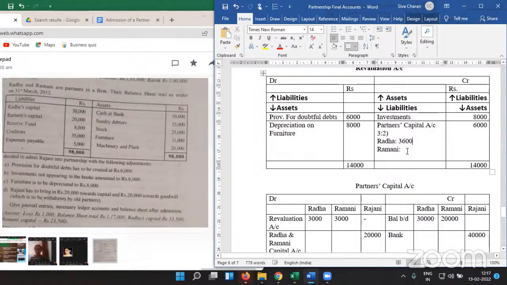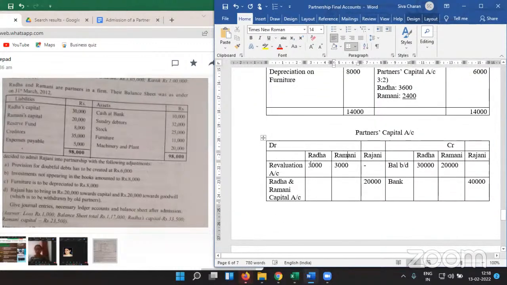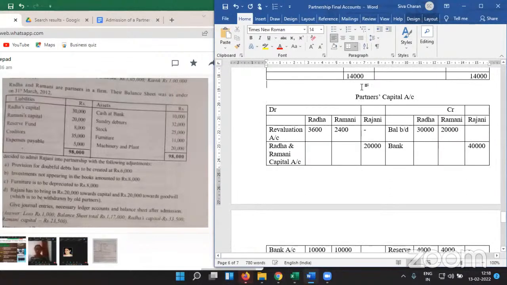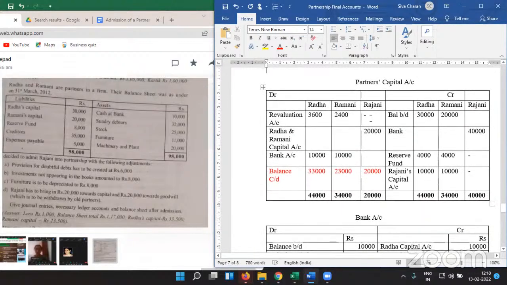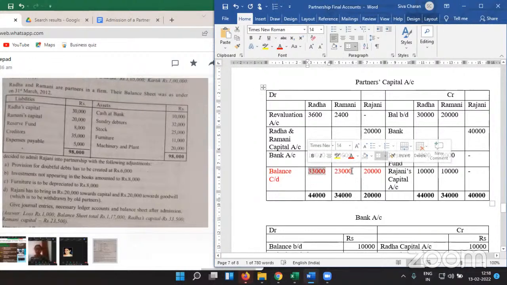Ramani is 2,400. So this is how they distributed their profits. Here also it changes: this is 3,600 and this is 2,400 in the partners' capital accounts. When these balances change, the totals also change, for Radha and Ramani only.